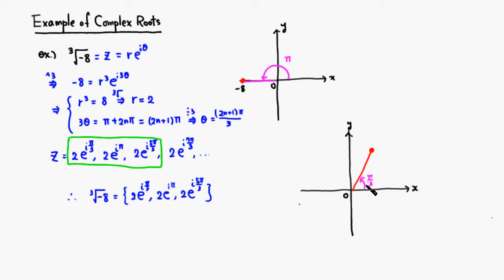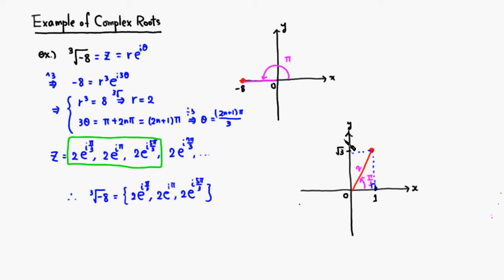If you draw a right triangle here, it's a 30-60-90 triangle, so this side is half the length, which is 1, and this side is square root of 3.